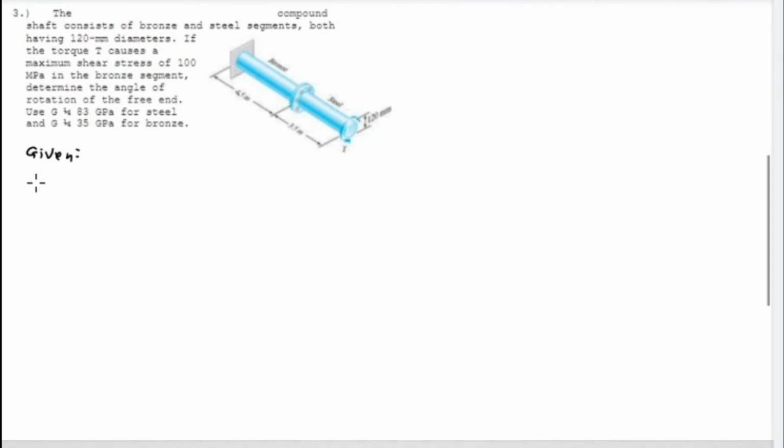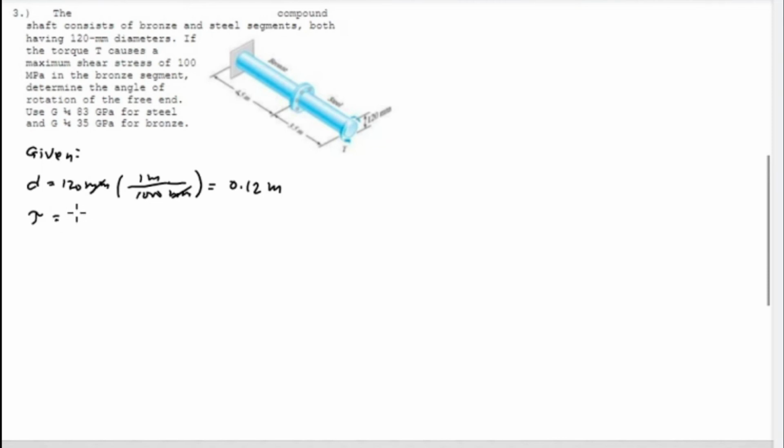So we have diameter for both bronze and steel, which is 120 millimeter, and we convert it to meter. So we have 1 meter is equivalent to 1000 millimeter. Cancel out, and the diameter in terms of meter is 0.12 meter.